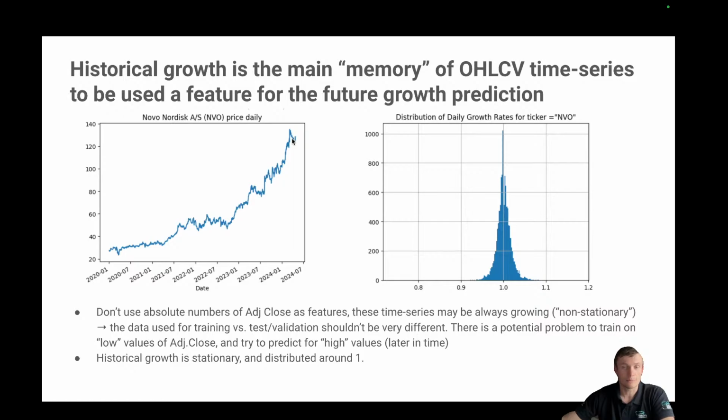That means that the behavior of a model can be unpredictable. Time series economists or time series models never predict absolute numbers. They want to predict either growth or the difference between today's value and the value 1 week ago, something that is stationary, something that's distributed around one average which is not growing over time.